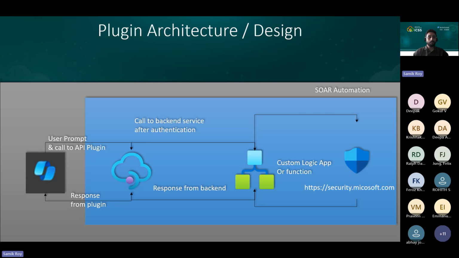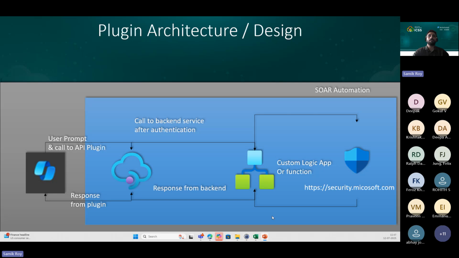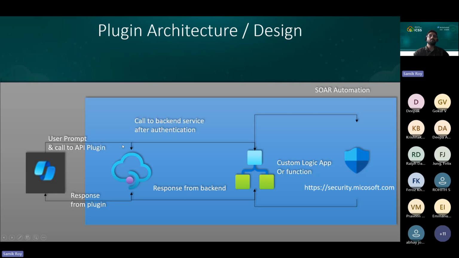Let's say, get me the last 10 incidents, or analyze incident number 223, 123, things like that. Then it has its own engine to understand, which I have intentionally not mentioned, because assume we all understand that Copilot can convert human language to more machine-readable language, right?